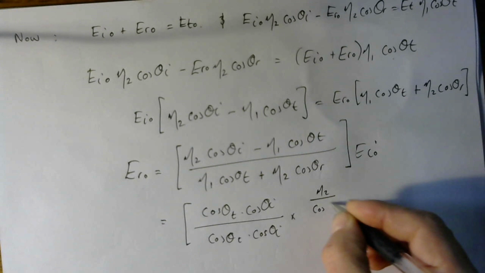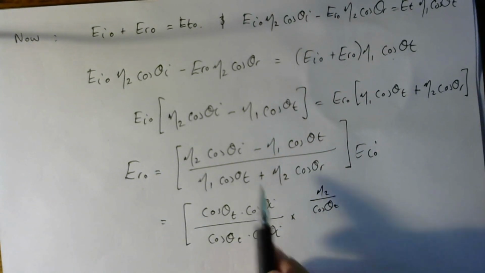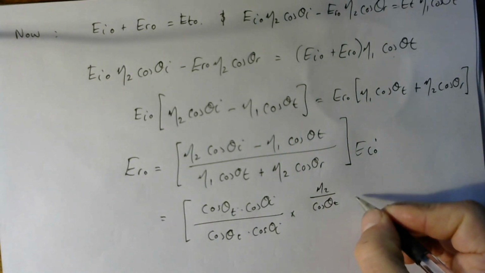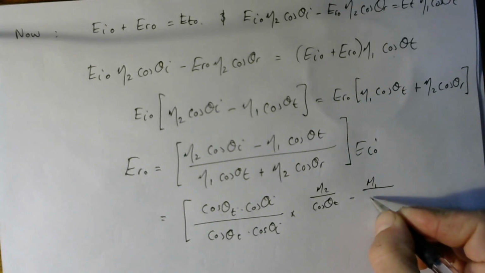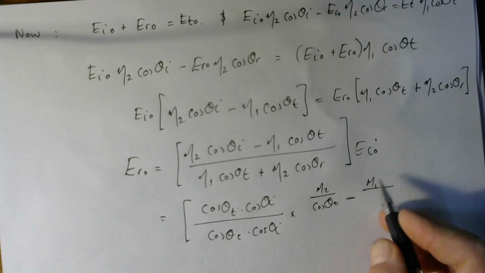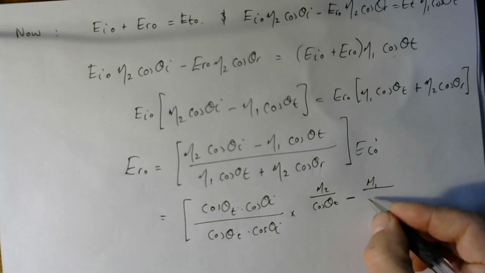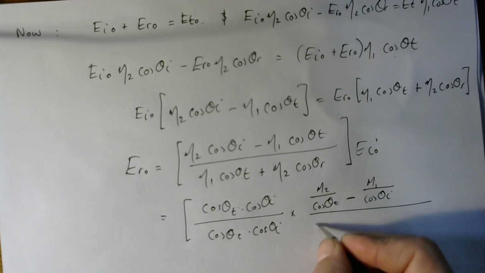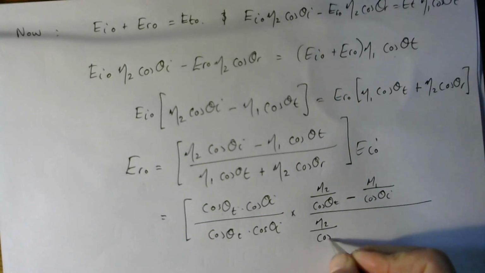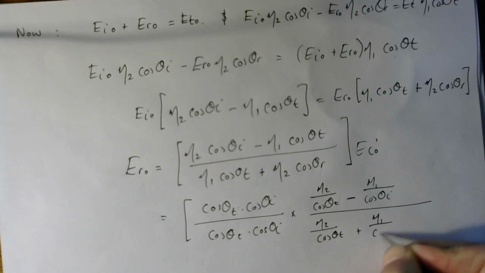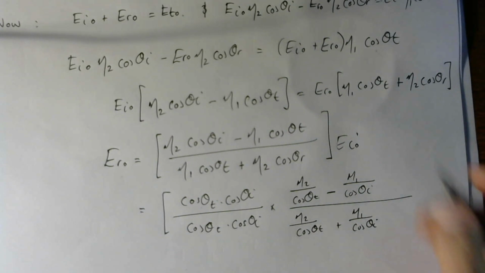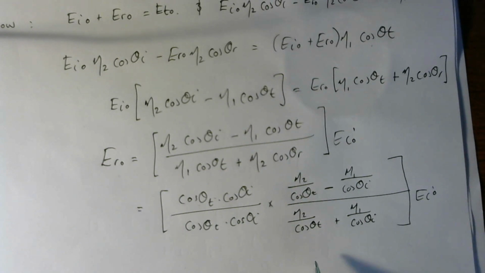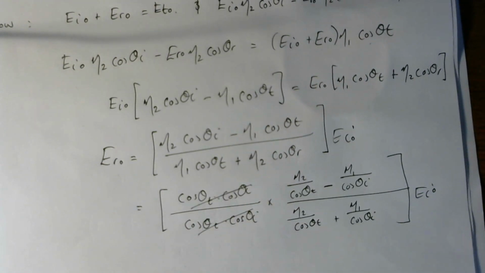I factor out, in my numerator, cos theta t times cos theta I, and then it becomes eta 2 over cos theta t minus eta 1 over cos theta I, divided by eta 2 over cos theta t plus eta 1 over cos theta I, times EI0. And obviously the common factors cancel out.